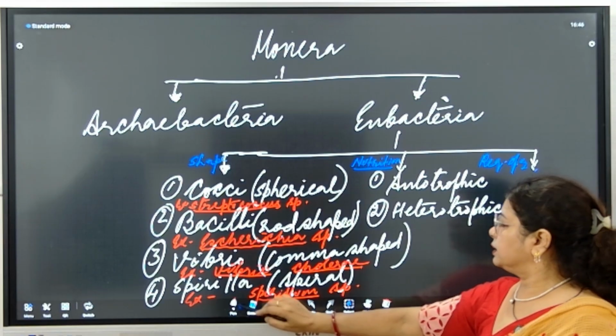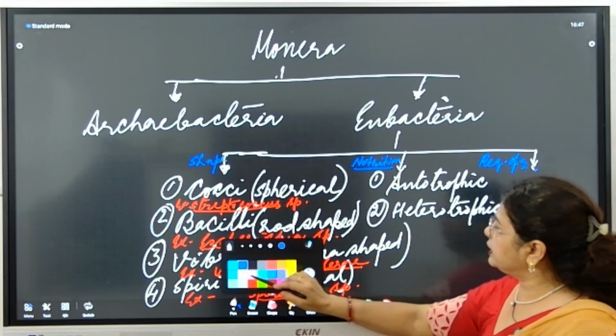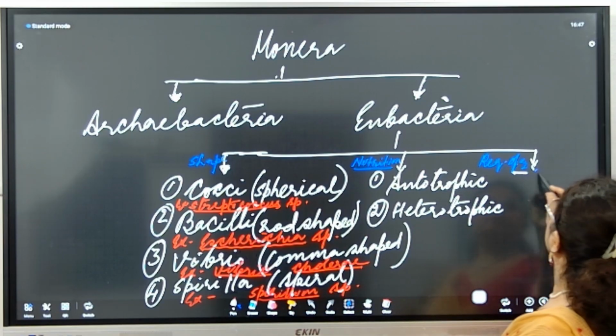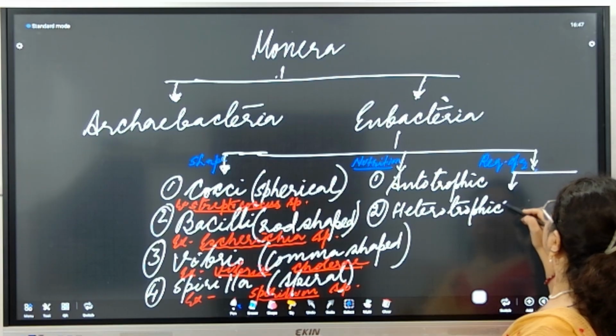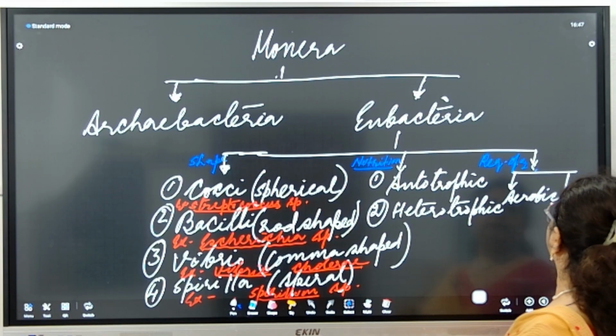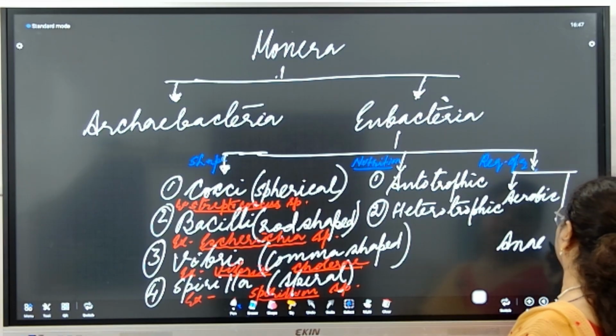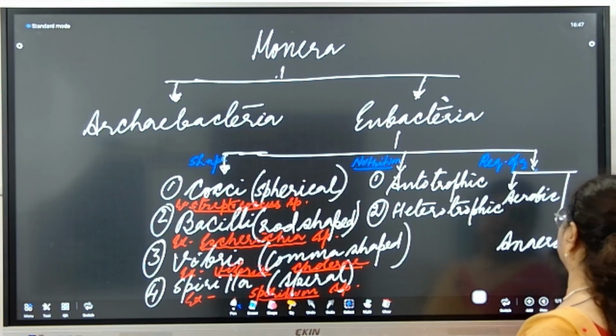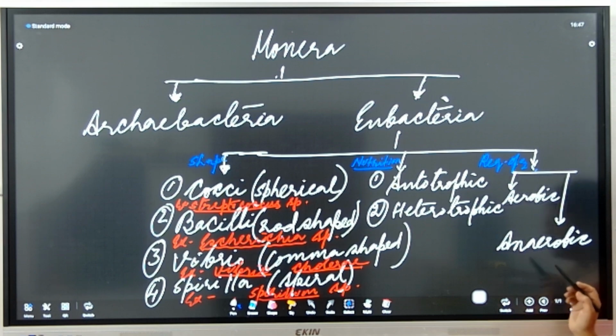One is aerobic, and another will be anaerobic. Okay. So grossly we have divided the bacteria in this way for the ease of study.